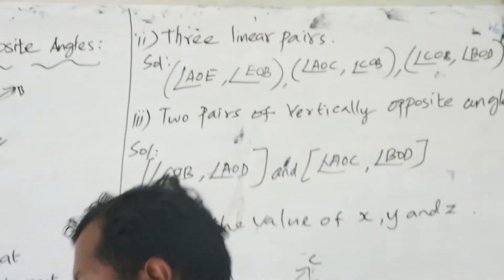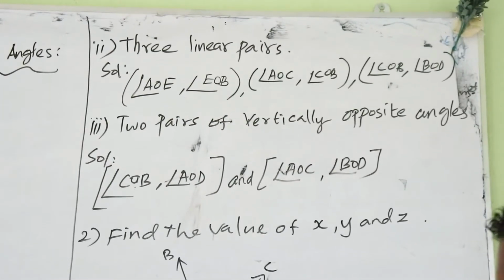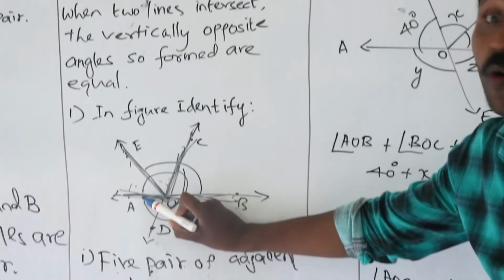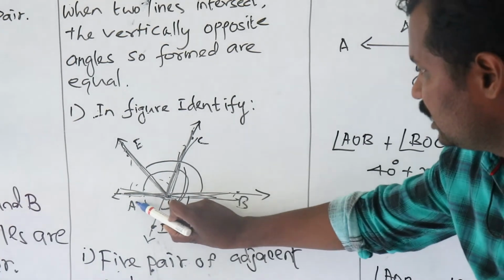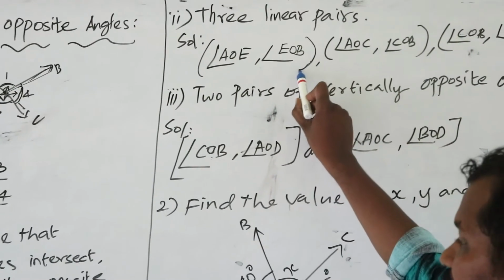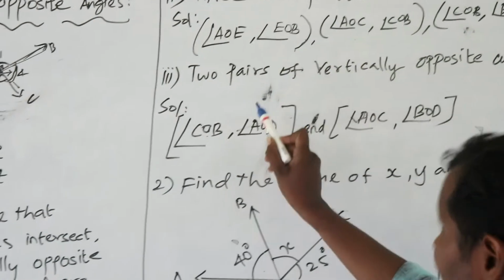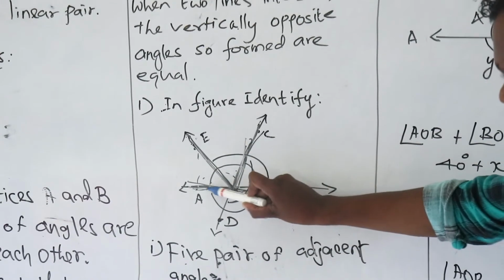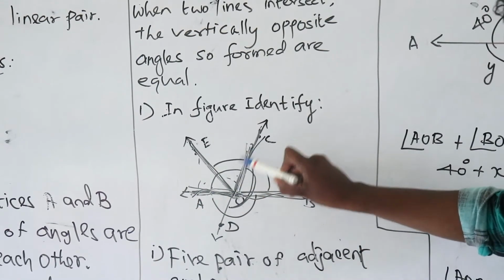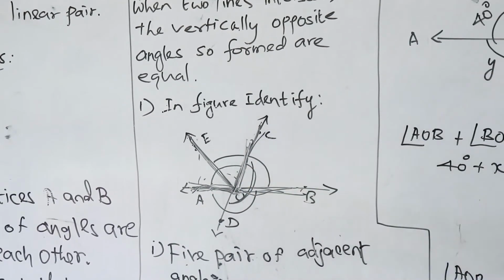Next, 3 linear pairs. Linear pair means the sum of two angles is 180 degrees. First we take AOE and EOB. These two angles are a linear pair. Next, AOC and COB.